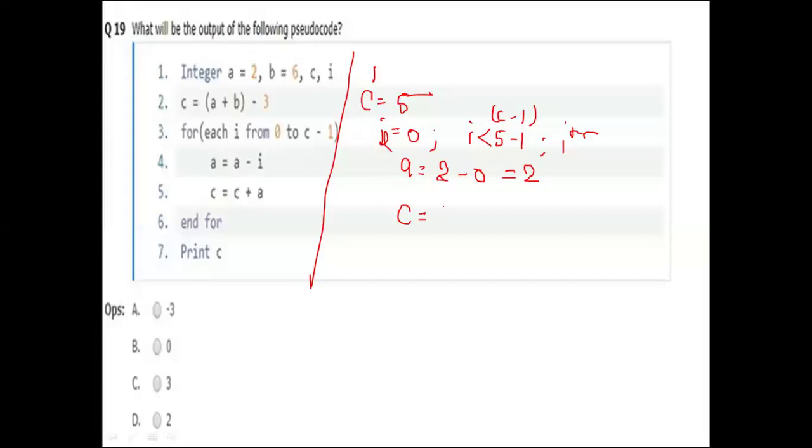C is, initially that C was 6. So when C was 6, what will it be? 6 plus 2, C will be 8. Is it clear? Is this step fine?